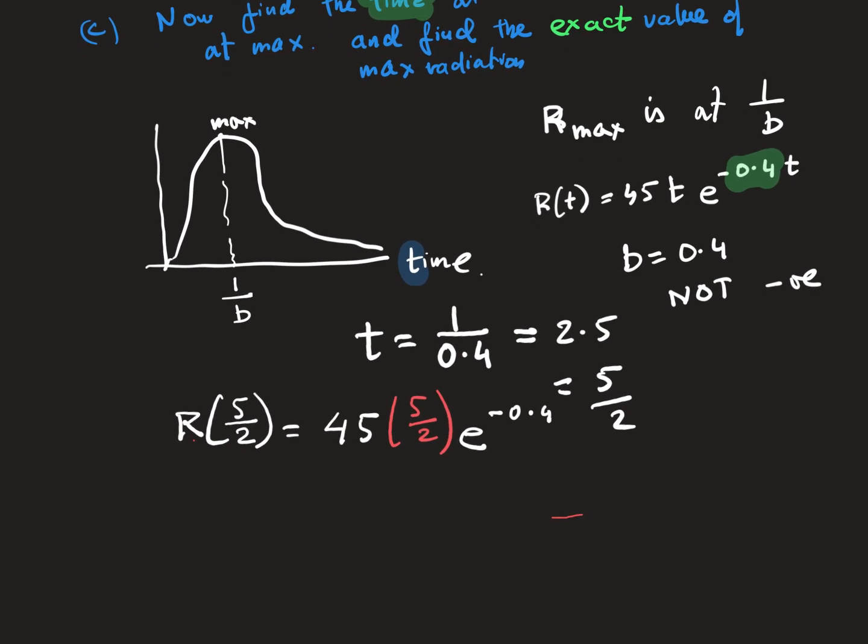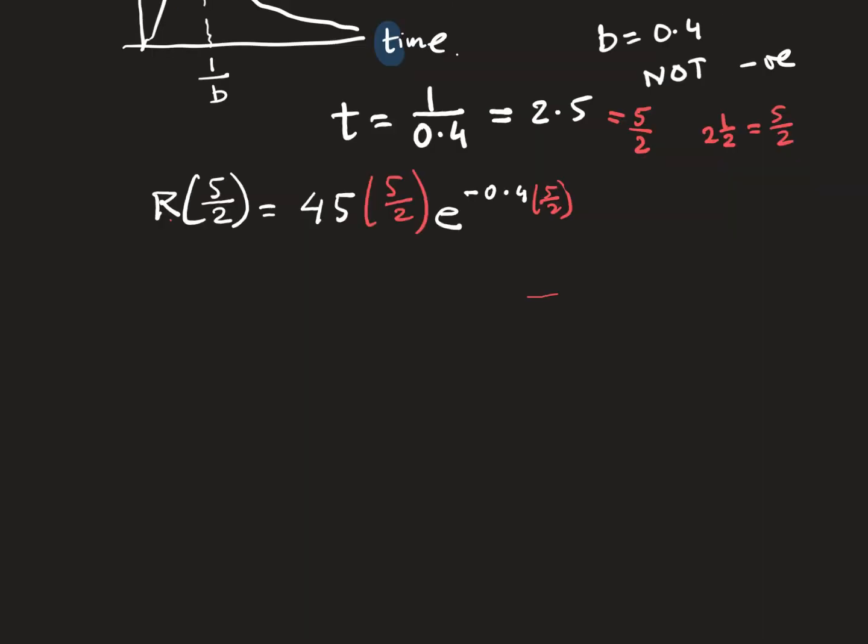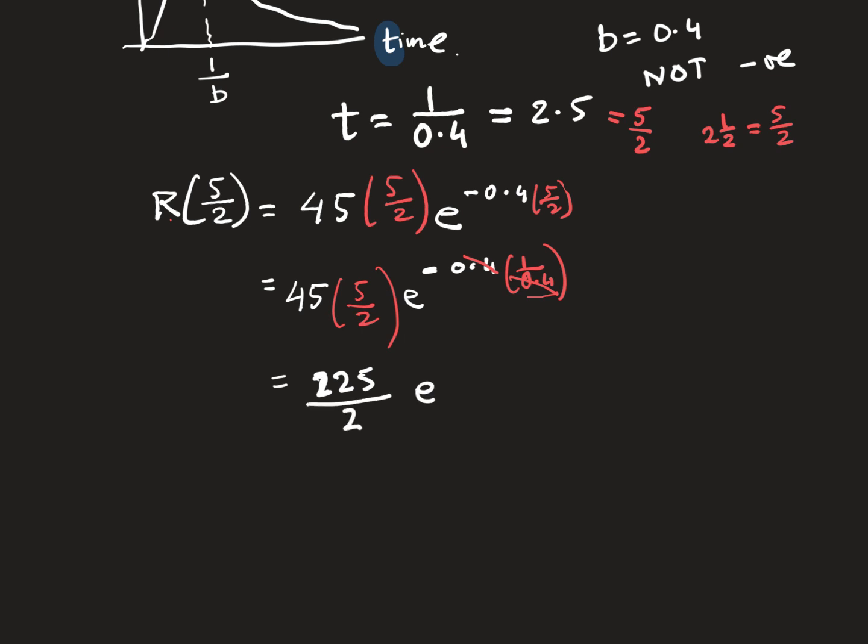So 45 times 5 over 2 is 225 over 2, e to the minus 1. So that is the exact form: 225 over 2e. That's the exact form.